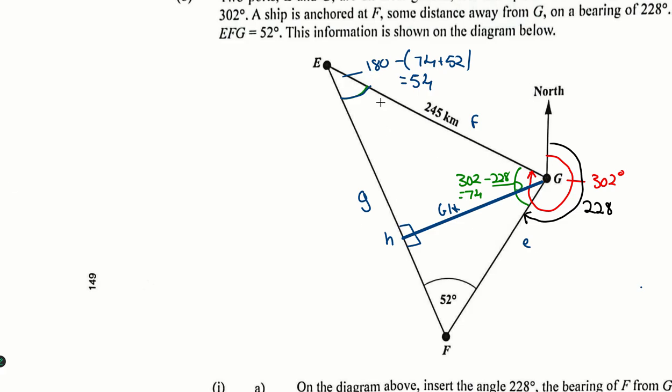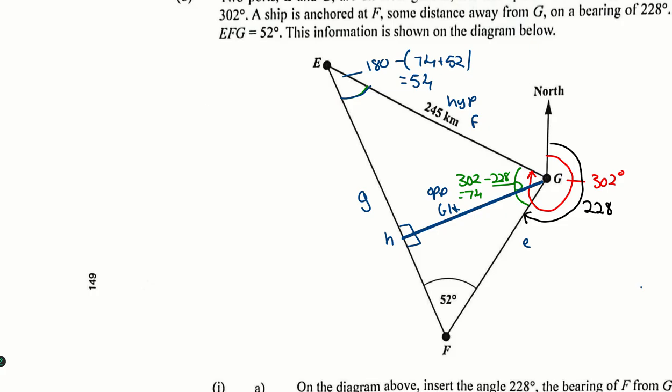But if you look at this 90 degrees here, this is our hypotenuse, and we are trying to find the opposite side, and then we have an angle here.